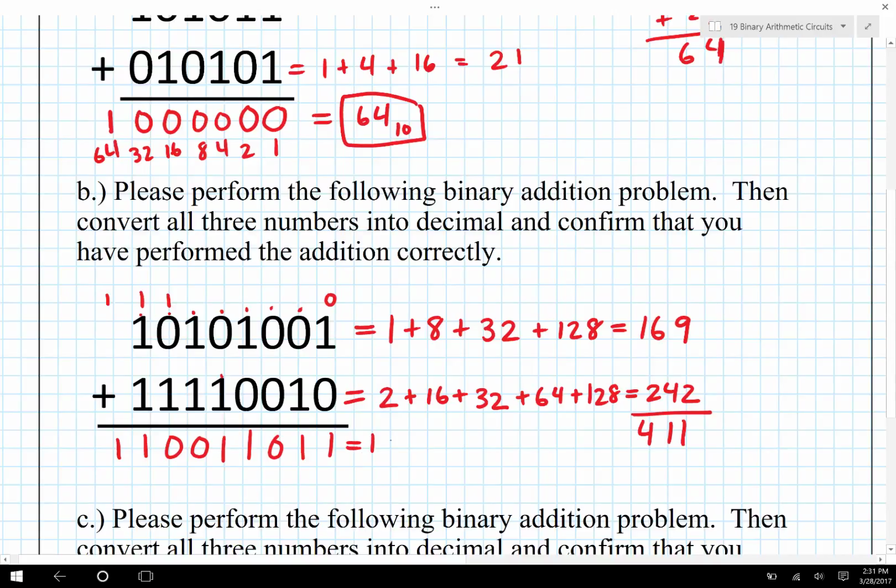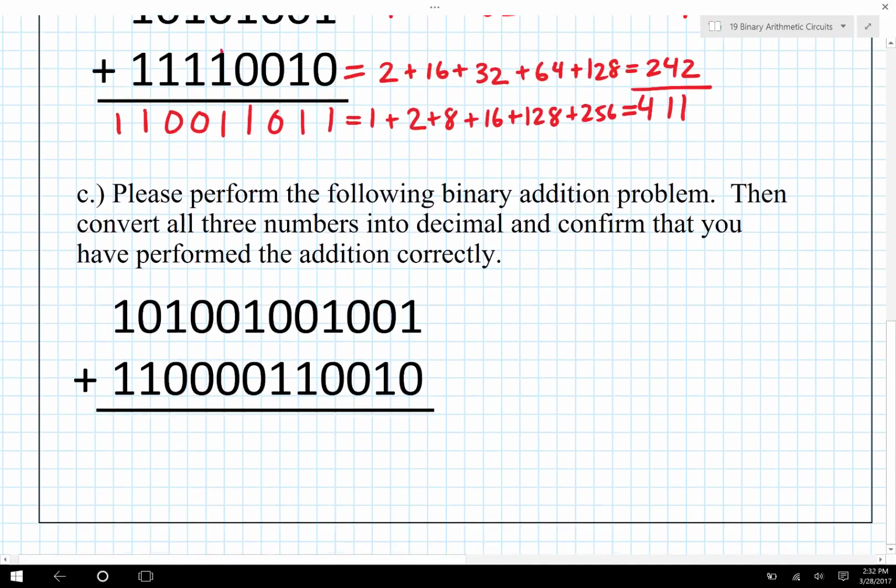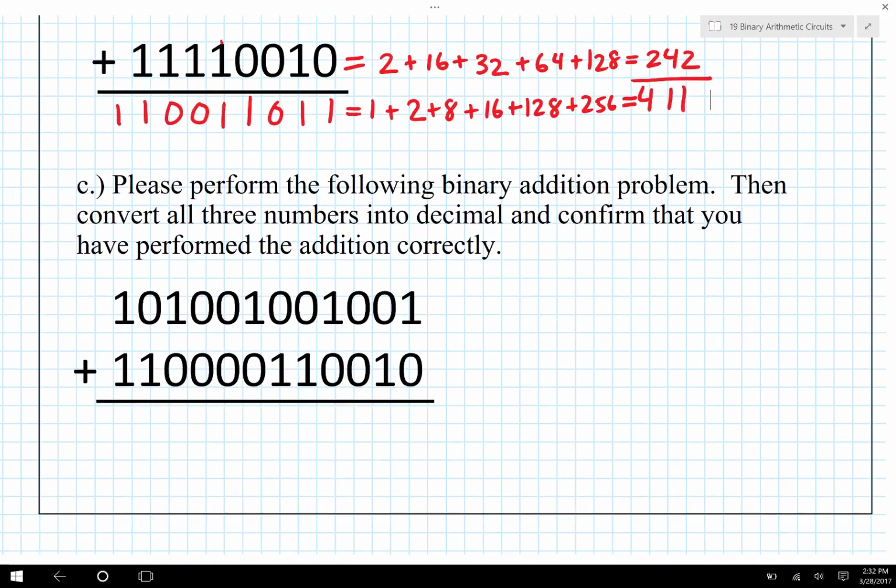This is going to give me a 1 plus a 2 plus an 8 plus a 16 plus a 128 plus a 256. And if you do that addition, you find that it does, in fact, equal 411. So there's the second example of binary arithmetic. Let's do one more, and then I think we'll be ready to actually look at the circuits.